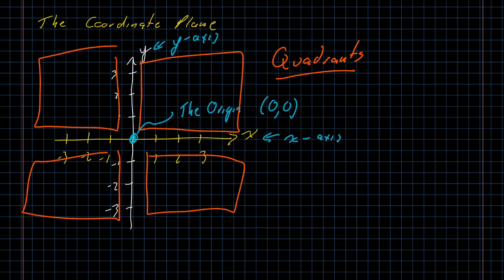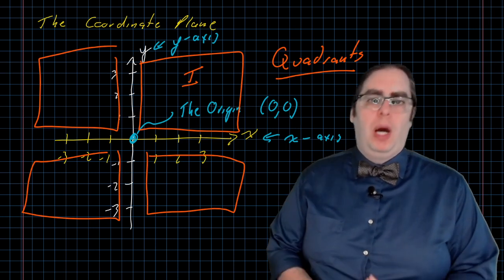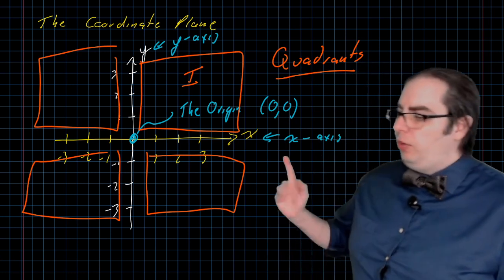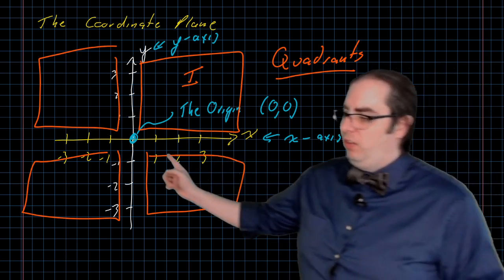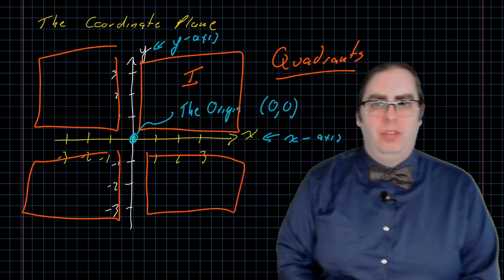We're going to start off with this region in the top right and call it quadrant 1. Before we do anything else, let's think for a moment about why this is quadrant 1. Well, this is the region that has positive values for the x-axis and also positive values for the y-axis.